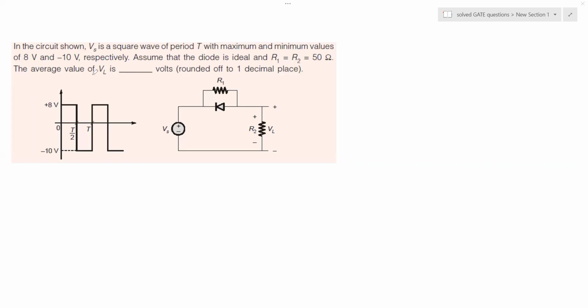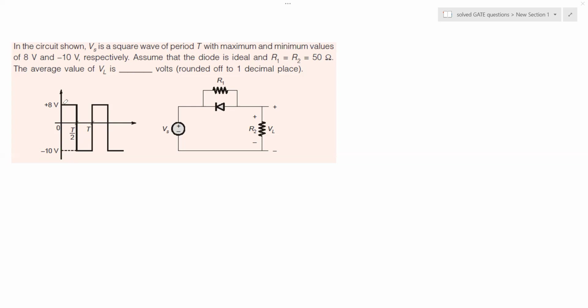So the problem statement has given us this circuitry here that consists of one diode and a couple of resistors. And it has got an input voltage source, Vs, that has a signal of this form. So it is basically a square wave with a peak amplitude of +8 volt and -10 volts.